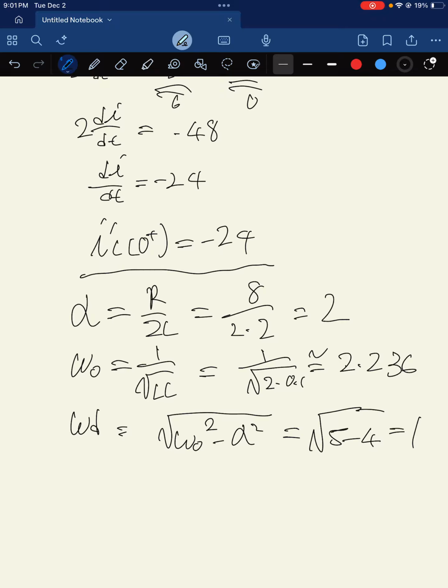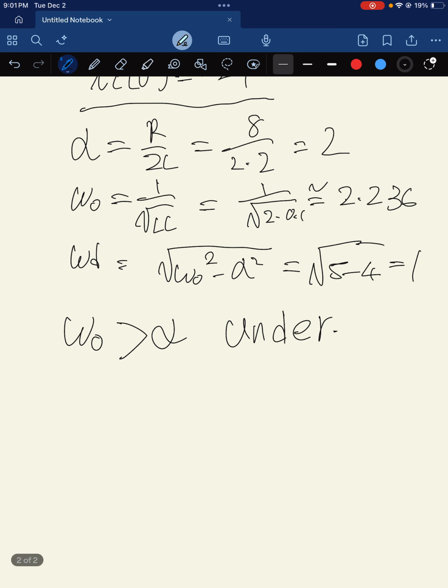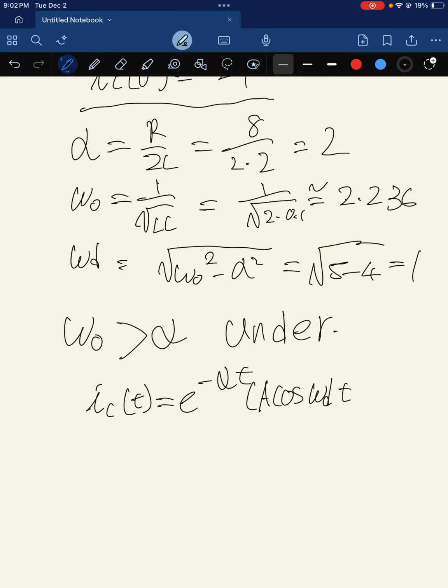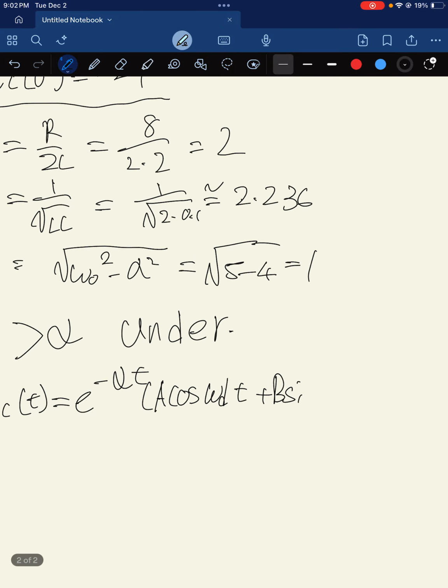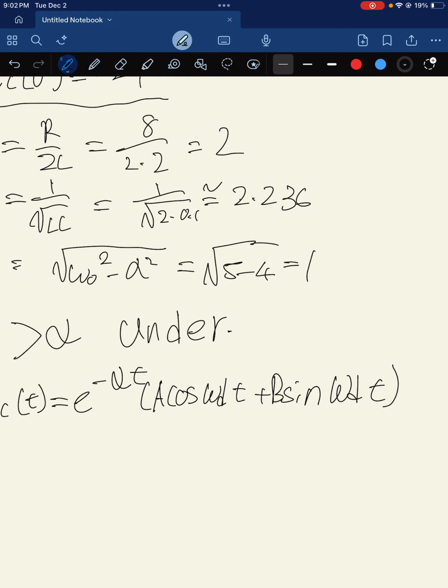Now, from here, we see that omega naught is greater than alpha, which means that this is an underdamped response. And for the general formula for the underdamped, we got IC(t) equal to e to the negative alpha t times a cosine omega D t plus b sine omega D t.